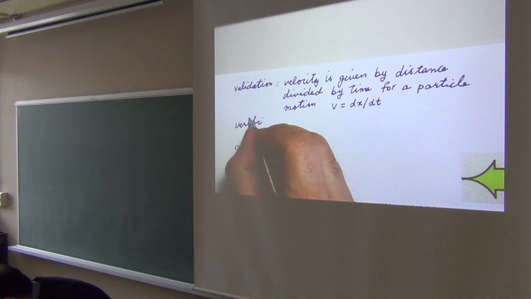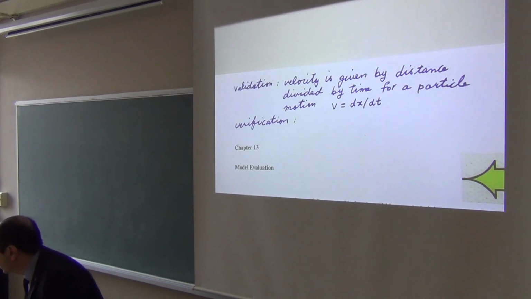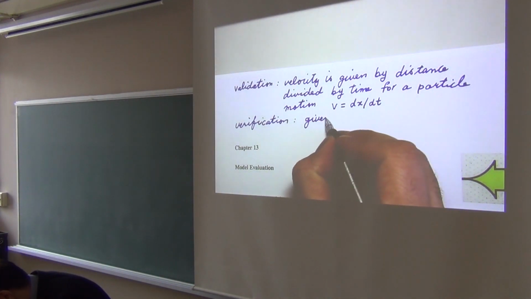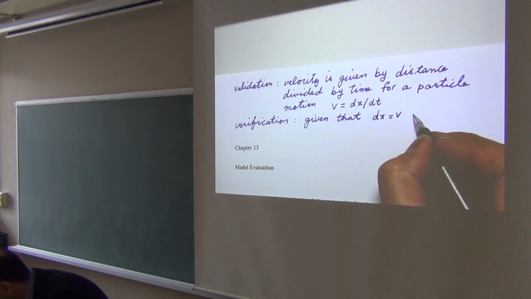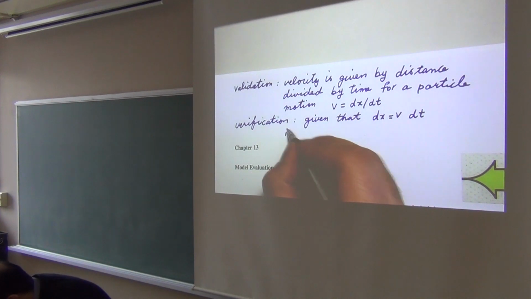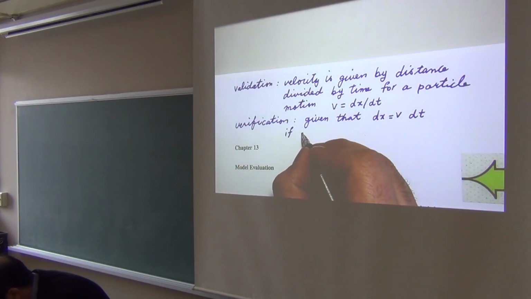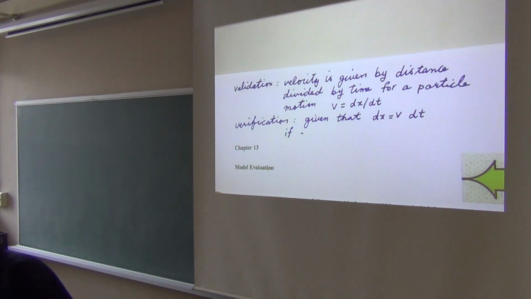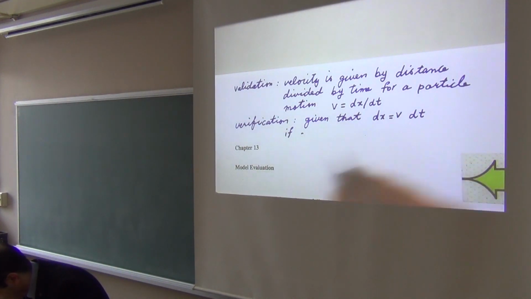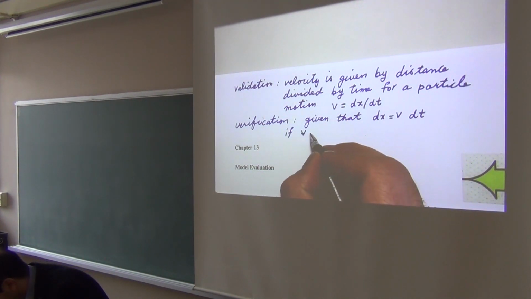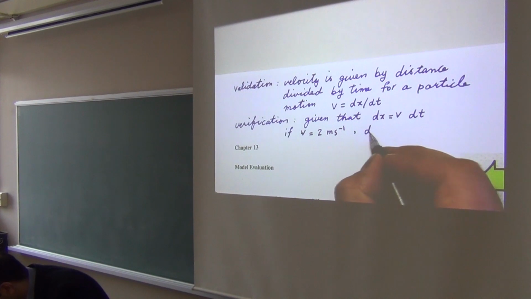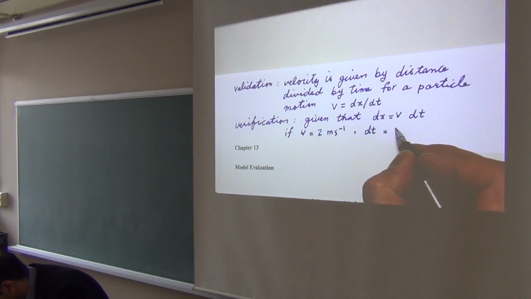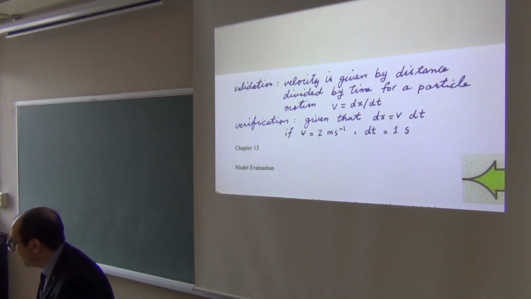Verification is given that, say, dx is equal to v dt, and if dx is 2 meters, if v is, let's say, 2 meters per second, and if dt is 1 second, I make one claim.